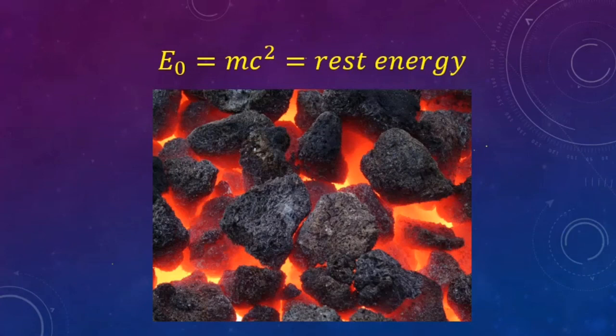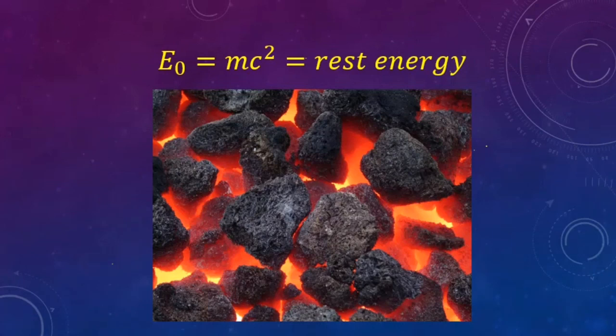Now, as I have mentioned, when a certain object breaks into fragments, the sum of the fragments' masses will not be exactly equal to the mass of the whole object. The rest mass is higher than the sum of the masses of the fragments. However, it is not usually observed because the decrease in mass is only 1 part in a billion. So it's a very, very small decrease in mass.